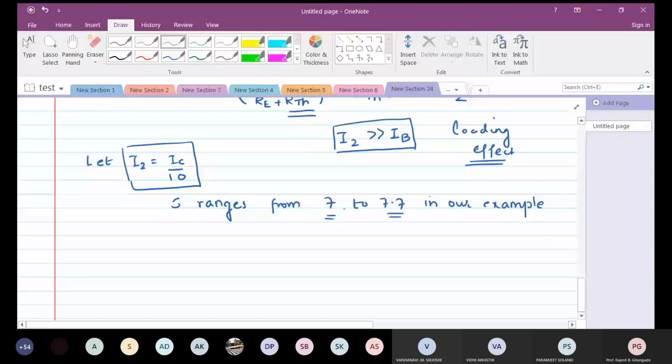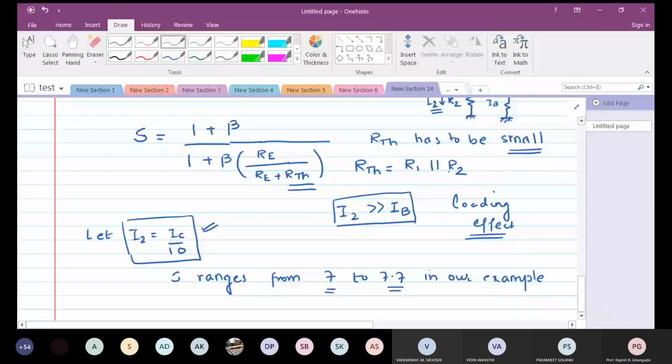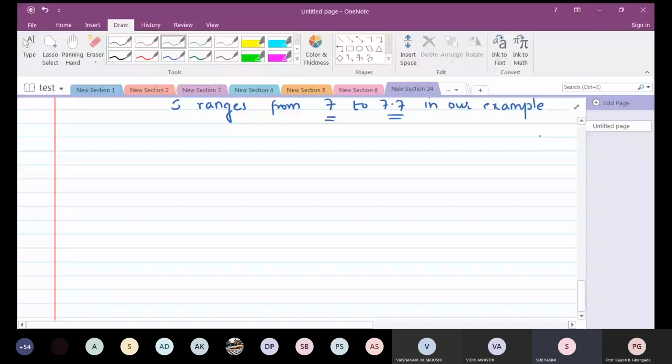For that, you have to make sure that I2 is IC by 10. So that is how we can analytically say that the stability factor for emitter current bias is the best, and that is the reason why it is preferred for biasing. Is it clear to all of you?